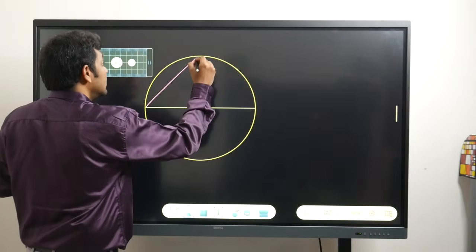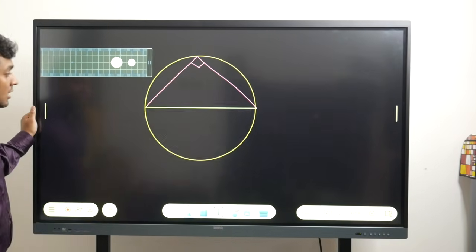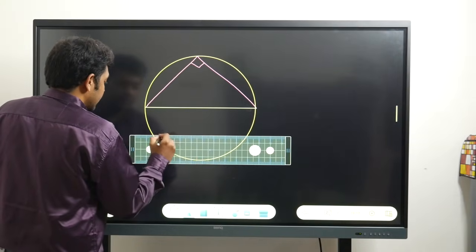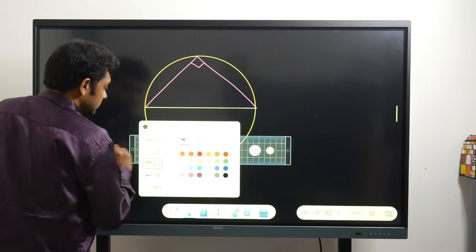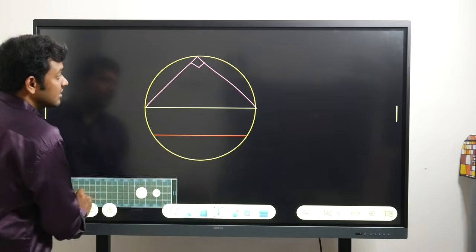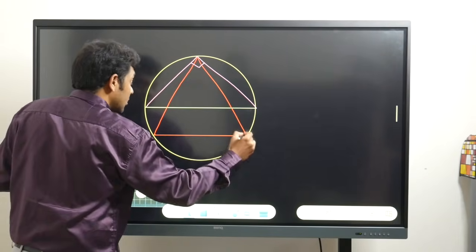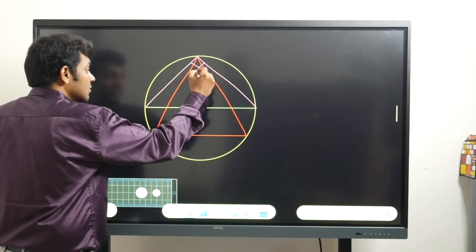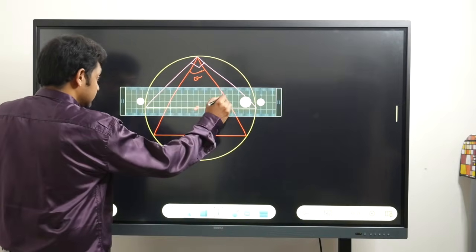If I just join, this angle is 90 degree. Now if I bring this side to the bottom, say if I have the side over here and the same point, if I just join this triangle, so this is my center, this triangle is an acute angle triangle, right?